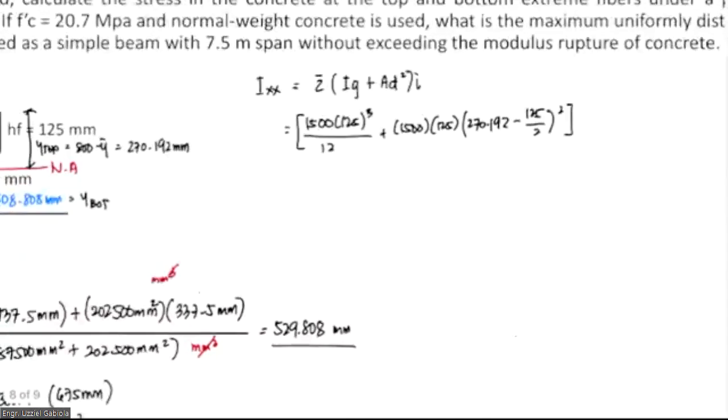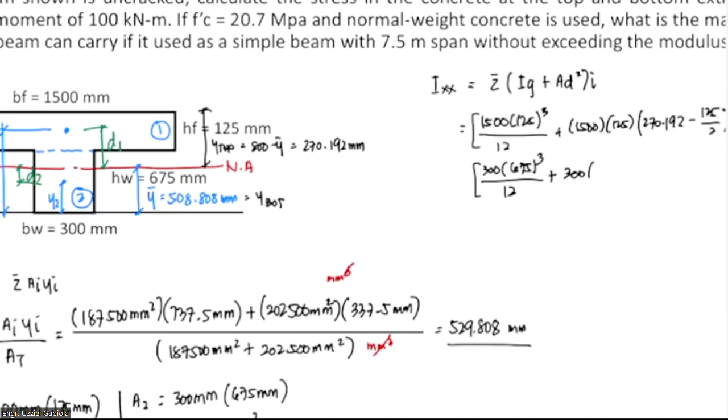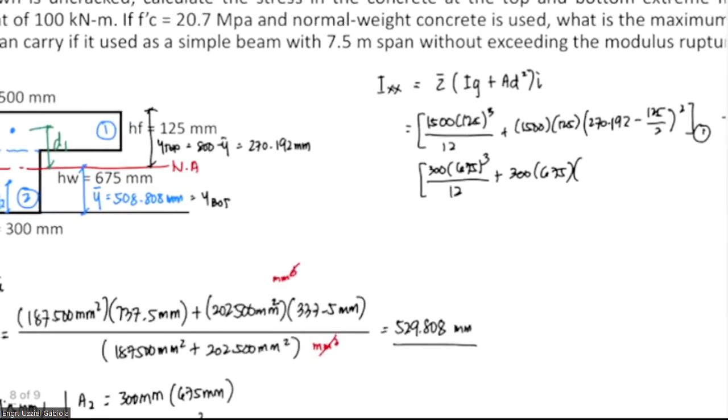Okay? This is for the first shape. Plus the second shape, we have 300 times 675 cubed over 12 plus 300 times 675 times the distance, which will be our y bottom, 508.808, minus half of our height, 675. This is our second inertia.